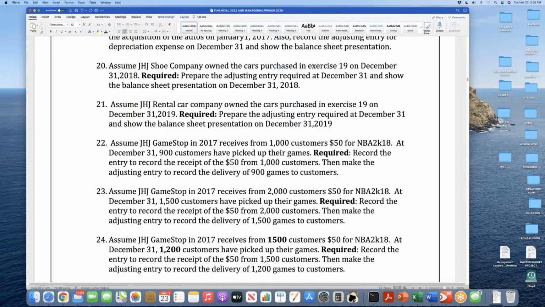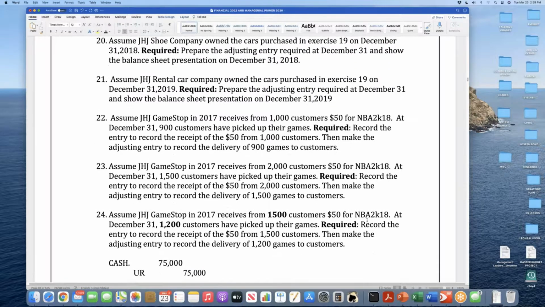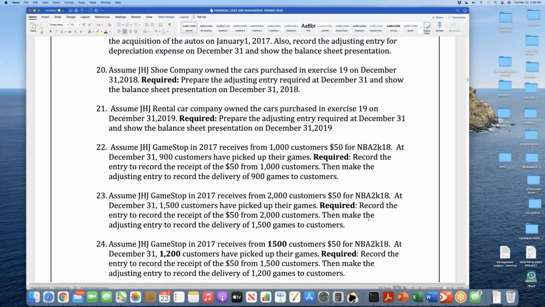Let's go to number 24. Work 24. So how much cash did they get? $75,000.